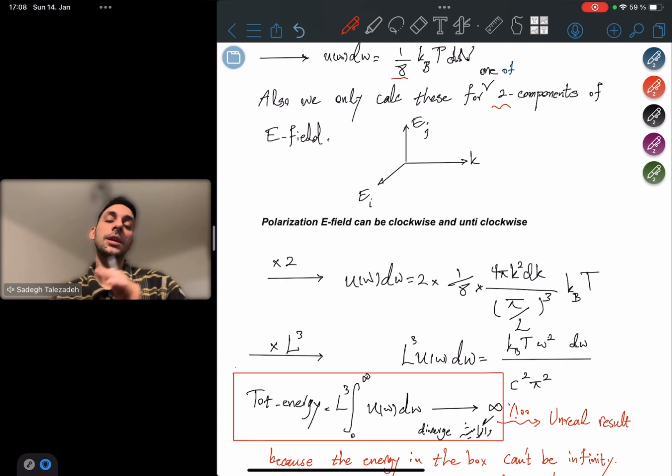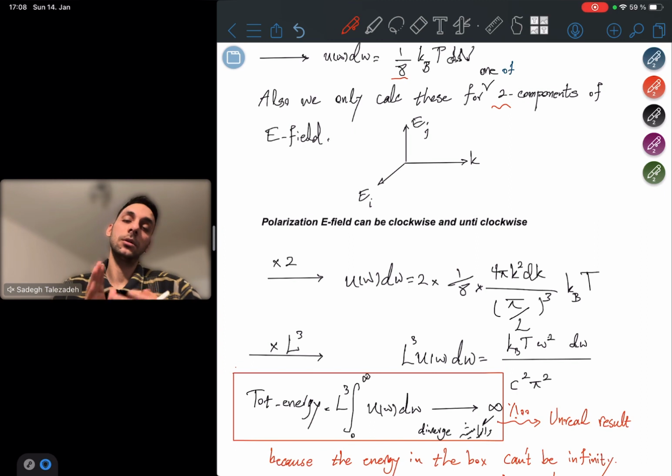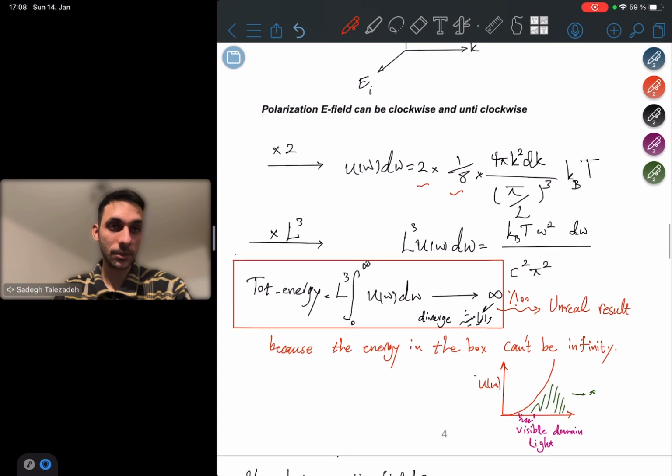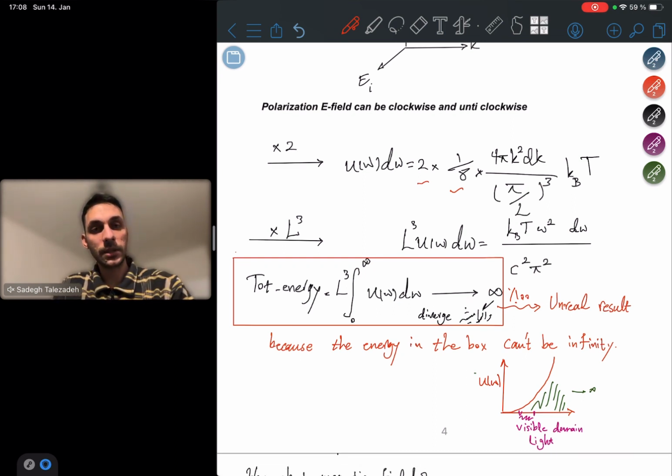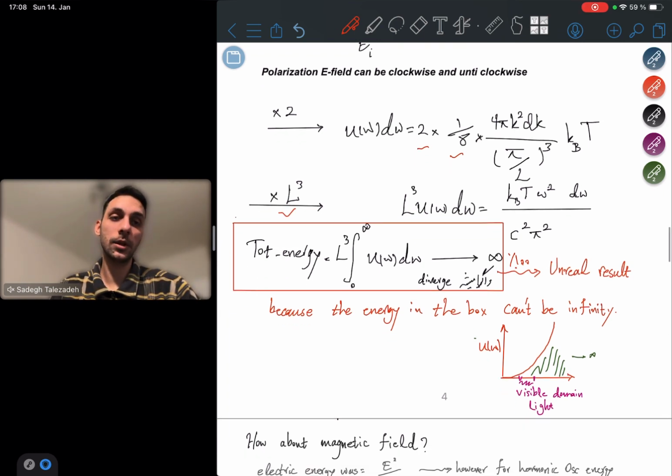So the polarization of the E field can be also clockwise and anti-clockwise. So we have this 2 times 1/8 times this dN times kBT. And as previously we showed, we also have to multiply by the volume to find the total energy.